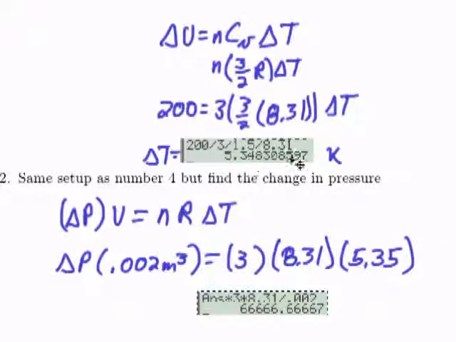And just using that answer from above, I get 66,666 pascals, which is about 2/3 of an atmospheric pressure.